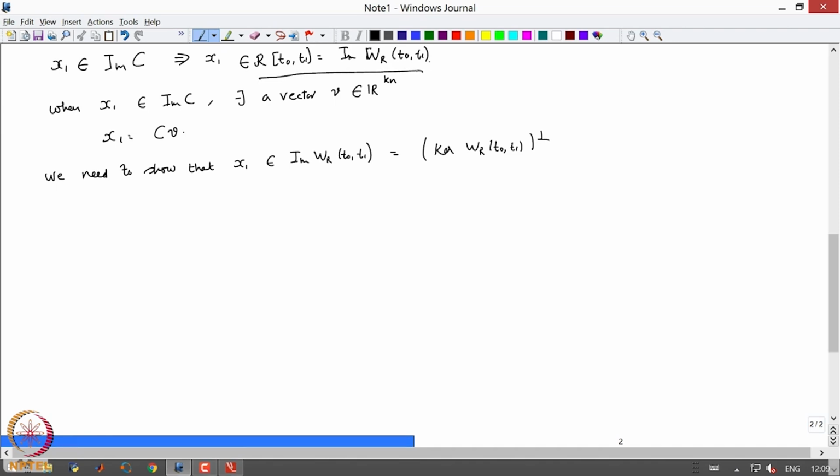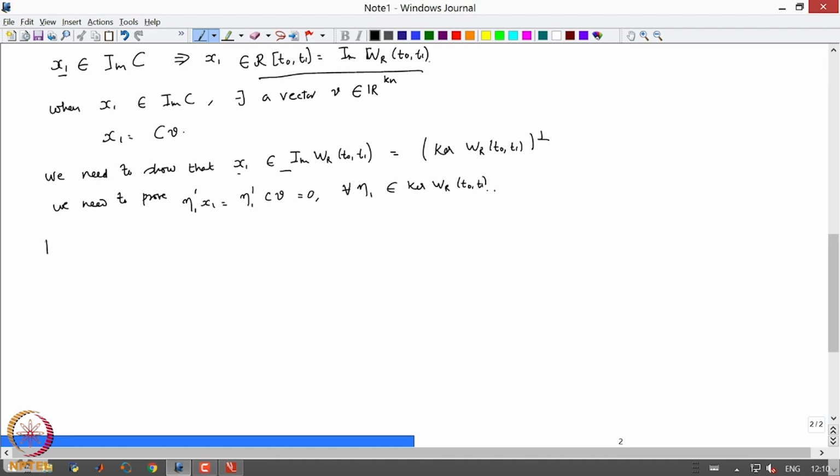When I say that x 1 is in the image of C and I need to show that x 1 is in the image of W R, we need to prove that eta 1 bar x 1, which is eta 1 bar C times v, equals 0 for all eta 1 which come from the kernel of W R T 0 T 1.